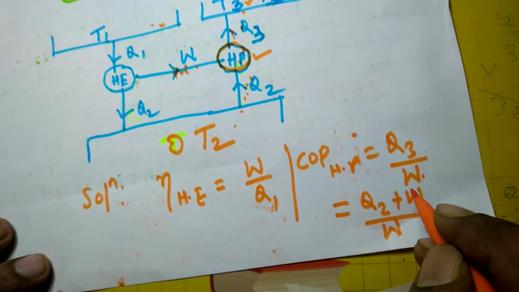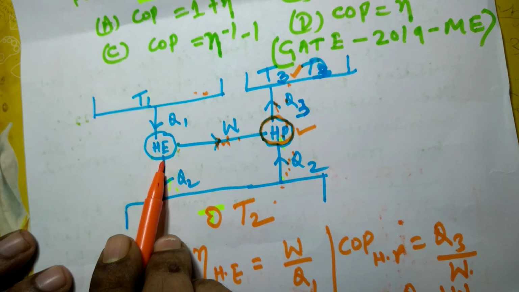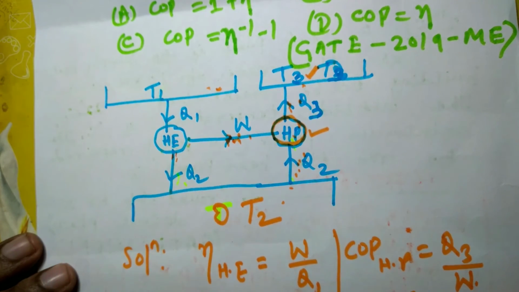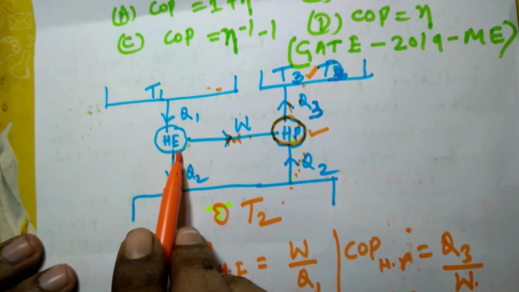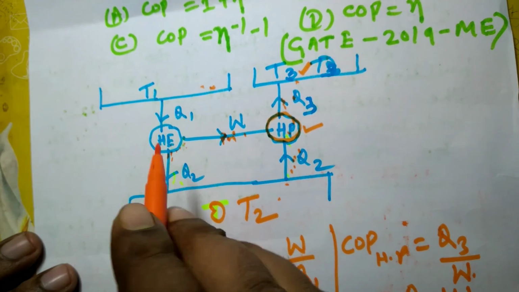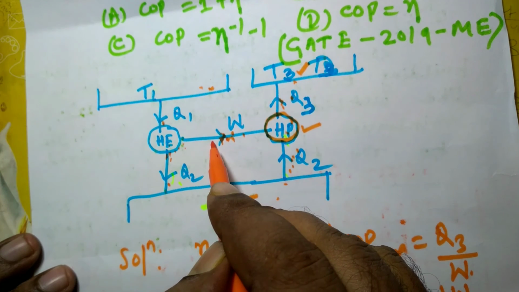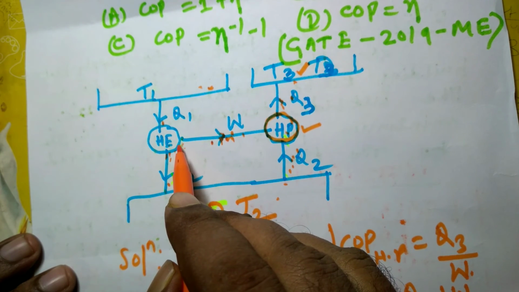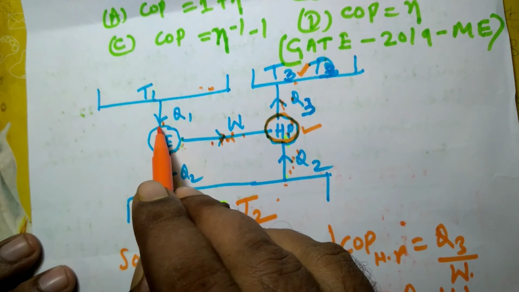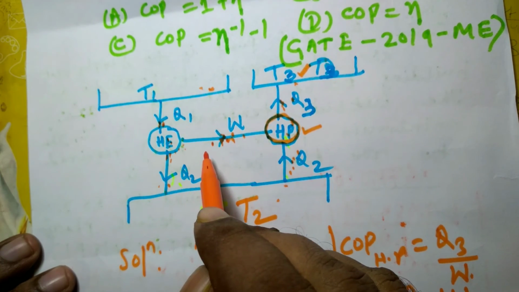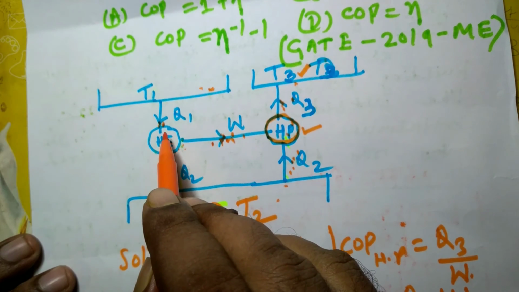And you see, in case of heat engine, efficiency is W by Q1. And applying the energy balance equation to this heat engine, I can write Q1 minus Q2 is equal to W. The only energy that enters into heat engine is Q1, and these two energies leave the system during the cyclic process.